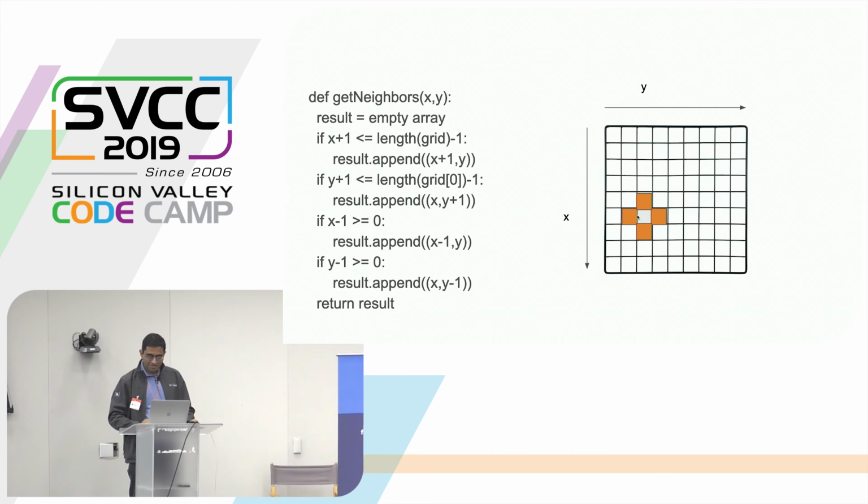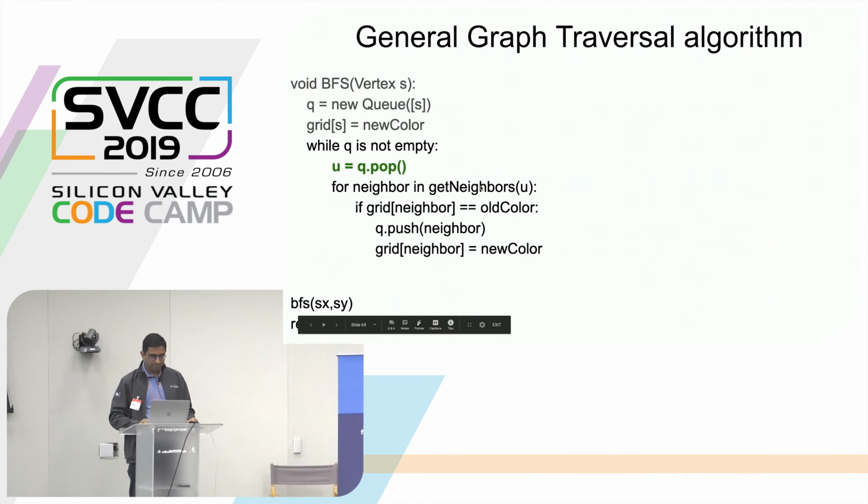If you know that this vertex is in row X, column Y, you know that the 4 neighbors are going to be the vertices at x plus 1 comma y, x comma y plus 1, x minus 1 comma y, and x comma y minus 1. As long as these coordinates fall within the legal boundaries of the grid, they're all valid neighbors. So you look at all the neighbors.